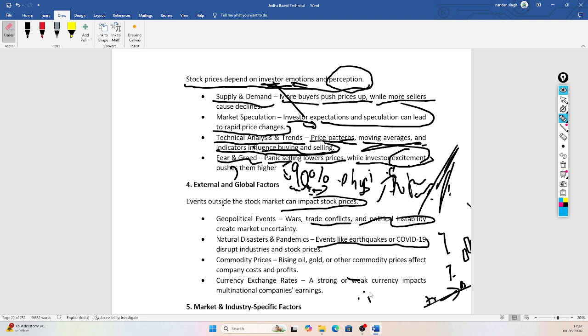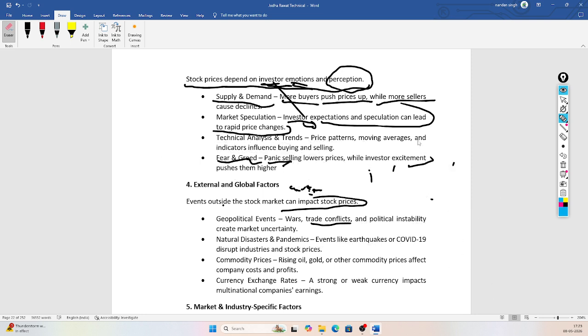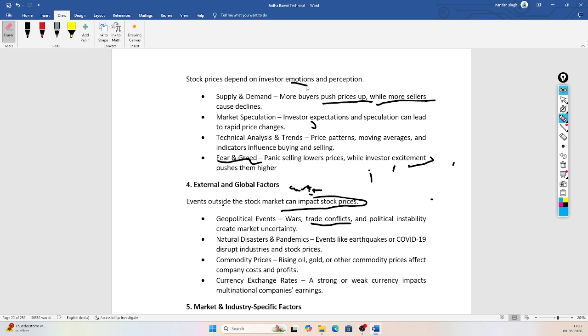And it could be natural disasters, pandemics like earthquakes, floods, tsunamis and all. Okay, so I hope you understand this much. So let's move on to the next page.